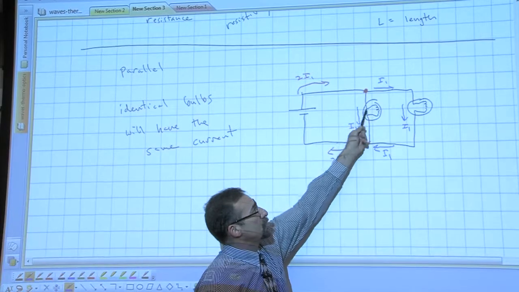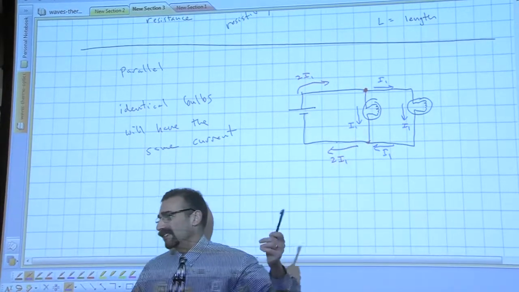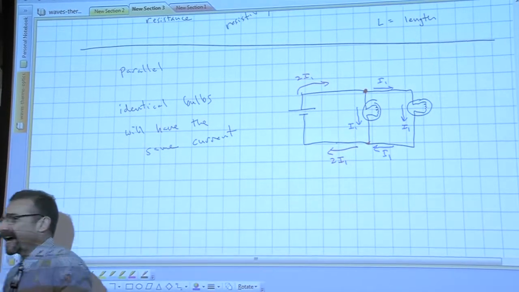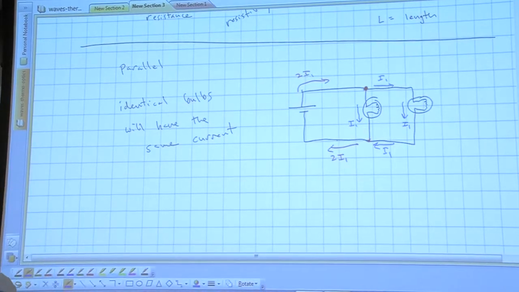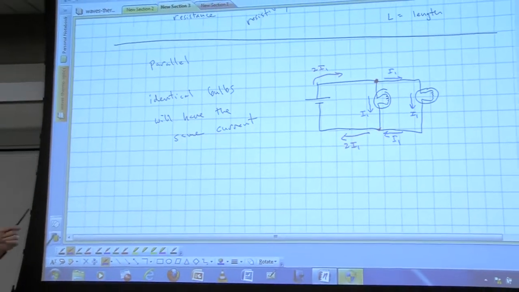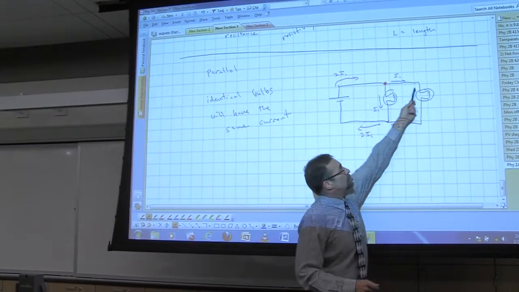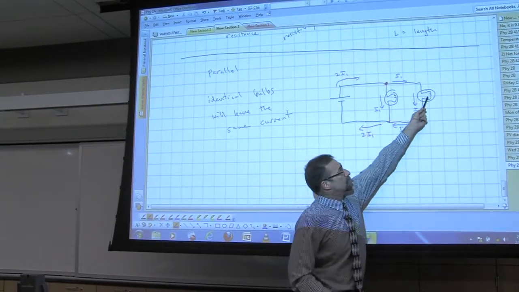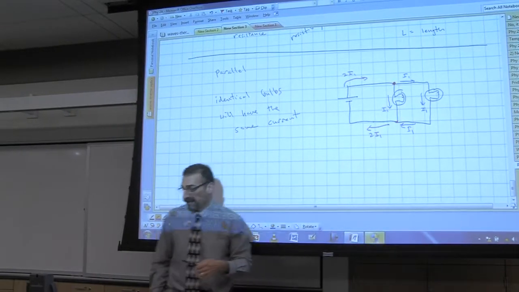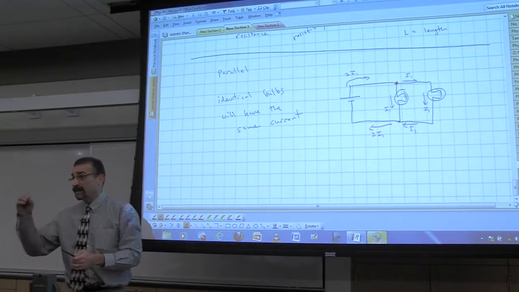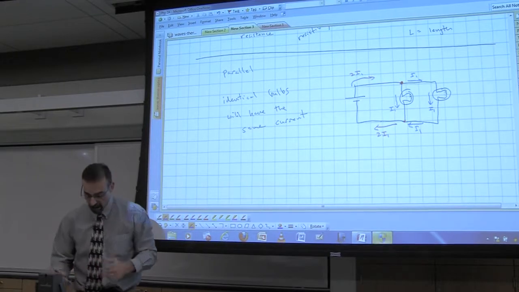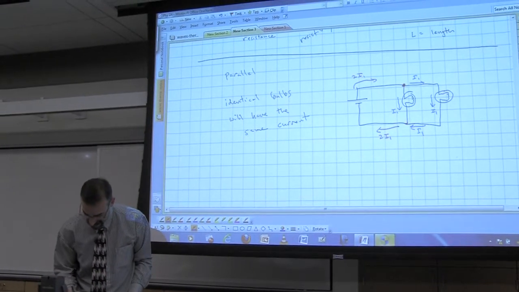In fact, I could have just drawn a resistor here instead of trying to make it look like a light bulb. And when I get tired of drawing these little light bulb symbols, I'm going to do that, pretty quickly here. But anyway, these are zero resistance wires except for these two resistors here. And if I really needed to take into account the resistance of the wire, what would I do? I would draw the circuit like this.